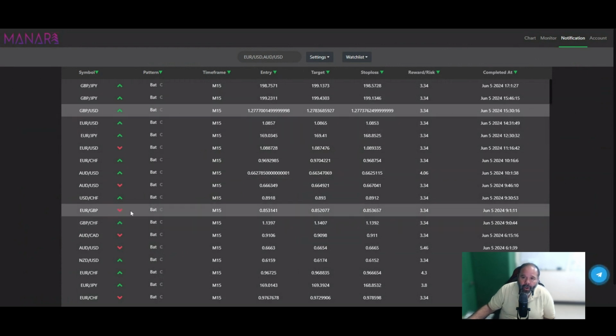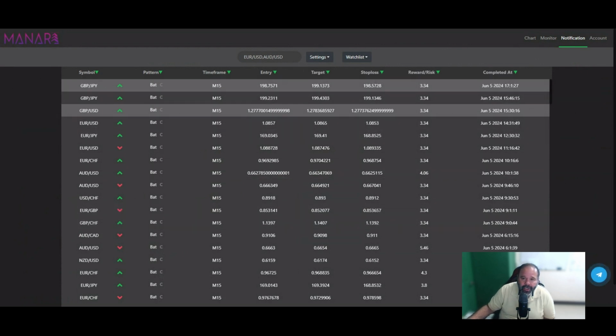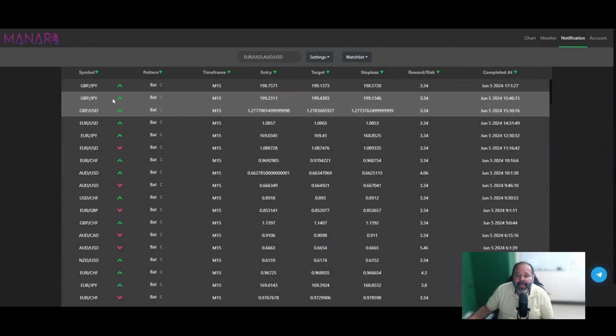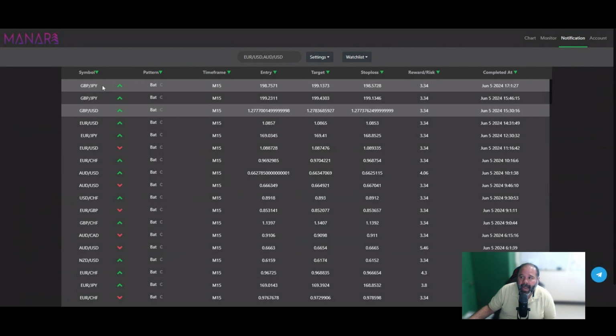So for me, the last GBPJPY invalidates the previous one, because the last one is the most recent. So that's how I do it.